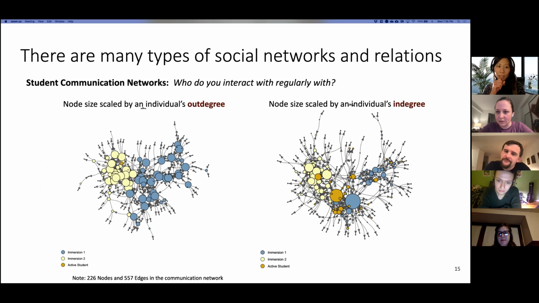But really, this network, and I'm going to use this kind of network as an example throughout for different things, is a network of working professionals who are in an online business analytics program. Everybody starts in cohorts, so you can think about everybody in blue starting at the same time and everybody in yellow starting at the same time.